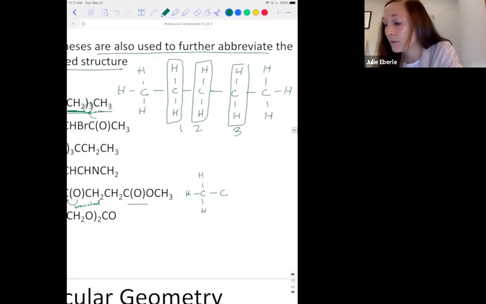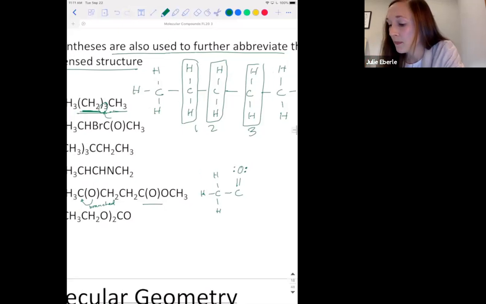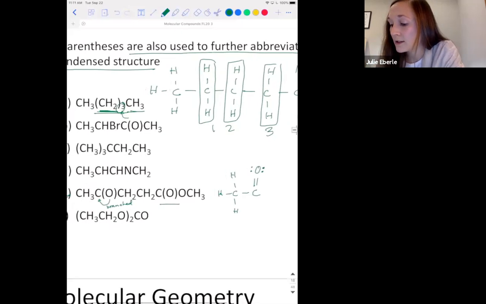It does not matter. I'm going to branch it up. It's got to have 2 bonds, and it's only connected to carbon, so I'm going to put both of those bonds on carbon. There's no other element bonded to this oxygen. Draw my oxygen, and then I'm going to put 2 lone pairs. Remember, a pair is 2 electrons. We have 2 pairs, so that's 4 electrons total. Okay, so now that's the second group.